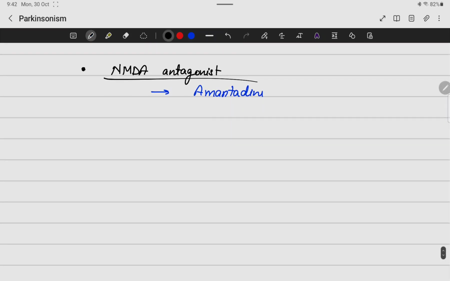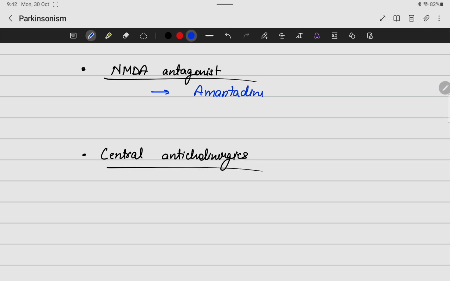Next, you can use drugs which affect your cholinergic system. So you can use central anticholinergics, which act in the CNS.